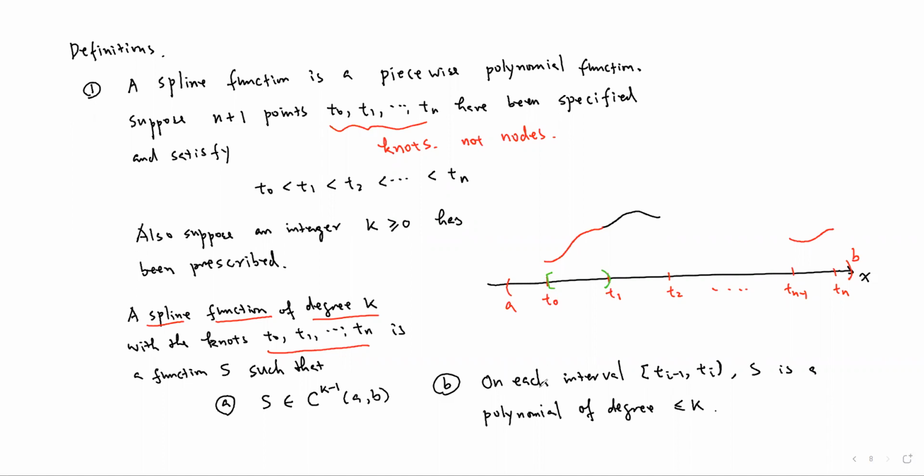Condition two says that locally, the function S is a polynomial. Locally polynomial, globally smooth of order k minus 1. Then the function is called a spline function of degree k, associated with these given knots.